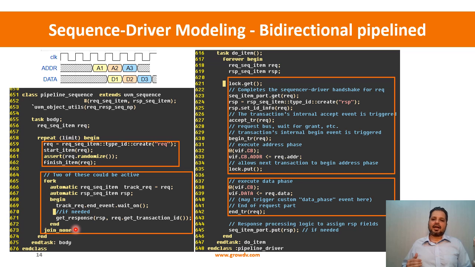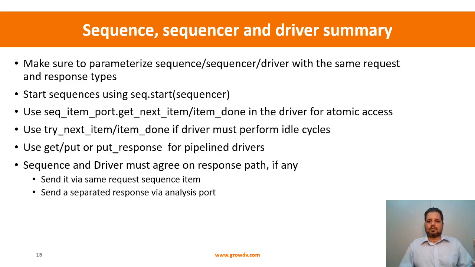And then the synchronization needs to be established between the threads so that they don't consume a resource that's already being used. And for that there are again multiple mechanisms, semaphore being one of them, which we have demonstrated. So just a quick summary about our sequencer and driver interaction.